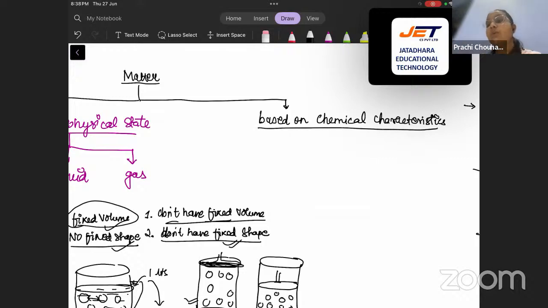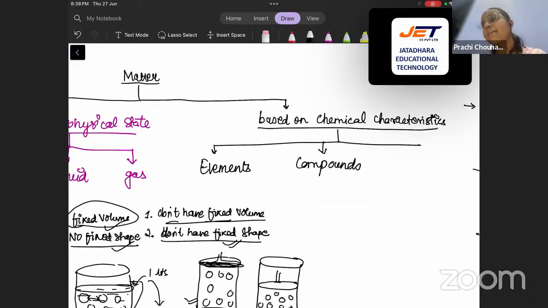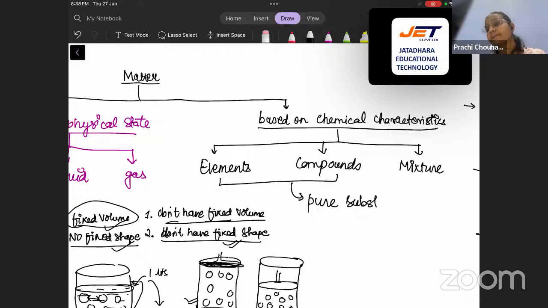So in that, we can have elements, compounds, and mixtures. And the elements and compounds are known as pure substances.